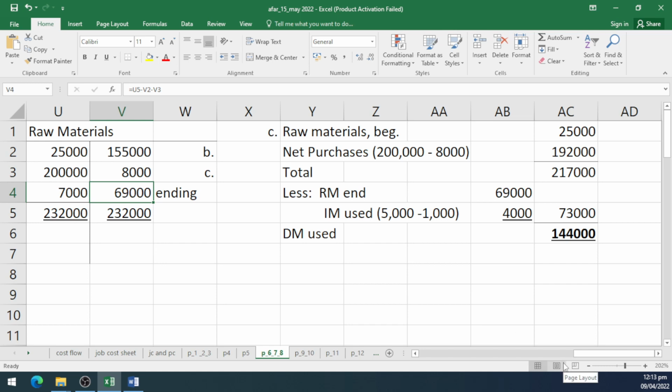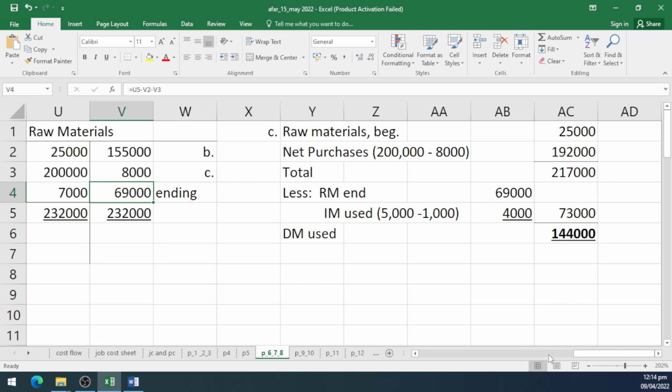And to compute our direct materials used, it's very simple, guys. Raw materials beginning plus net purchases. 200,000 yung gross purchases, tapos mayroong returns na 8,000. So, we have 192. Total raw materials available for use, 217. Then, we deduct the ending raw materials, which is 69,000.